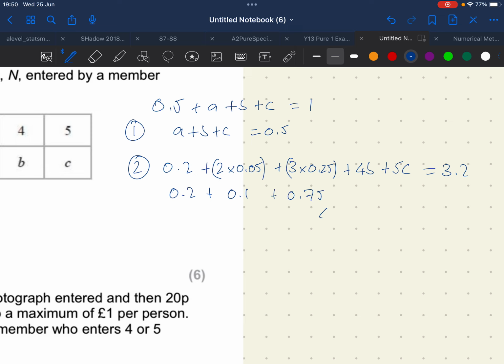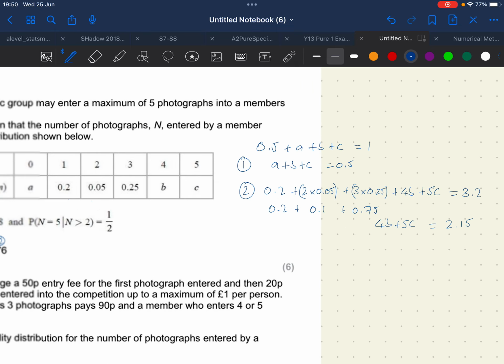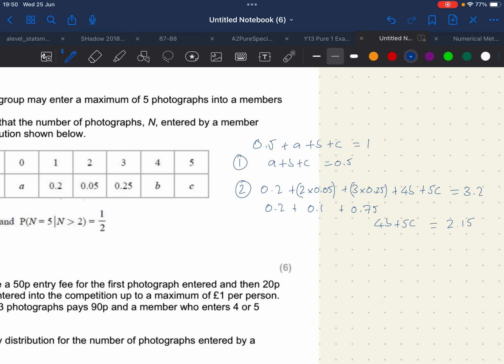So let's just now call this 4b plus 5c equals 3.2 take away 1.05. So that equals 2.15. So that's not bad. I feel like I'm missing an A. Oh no, the A is 0. Okay. So that's a good equation.